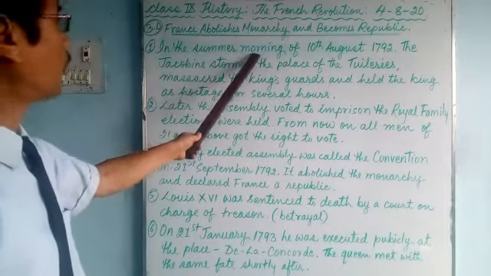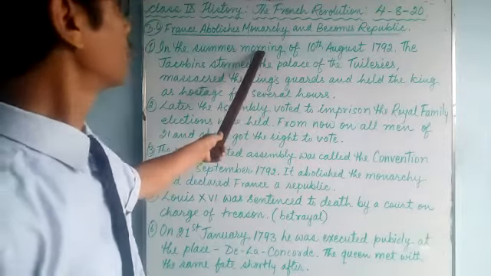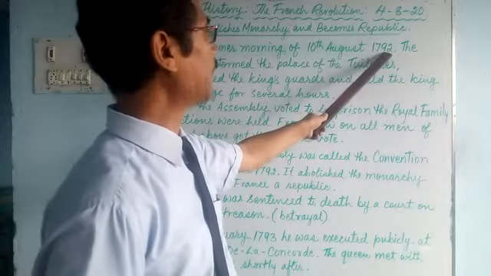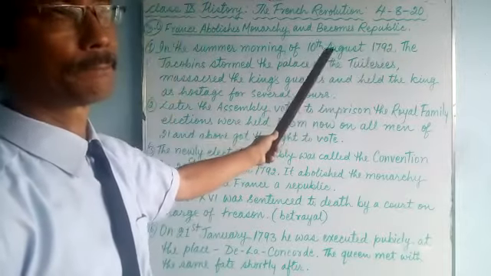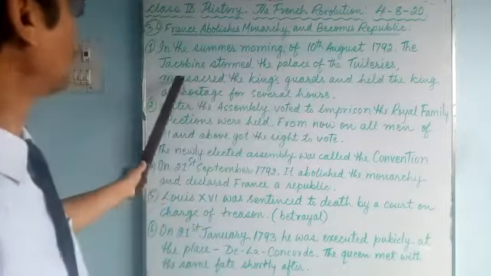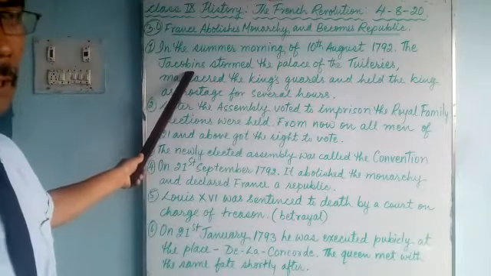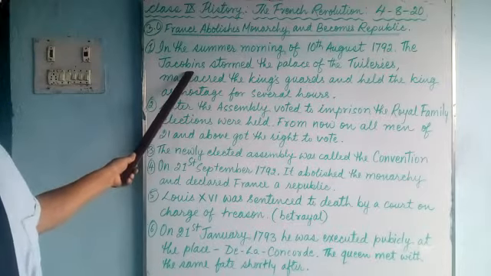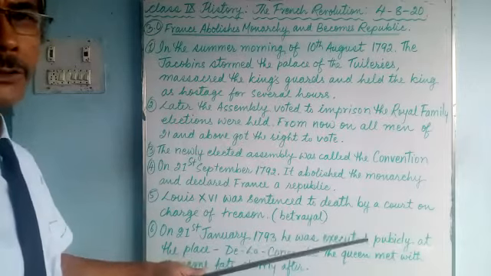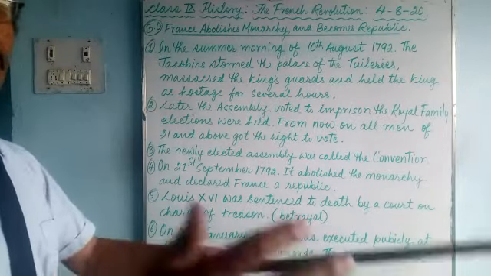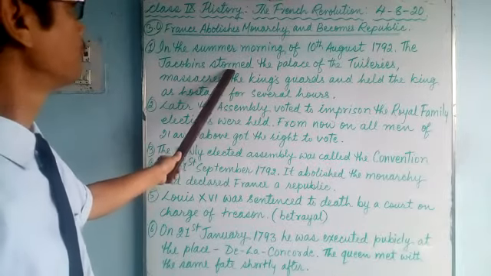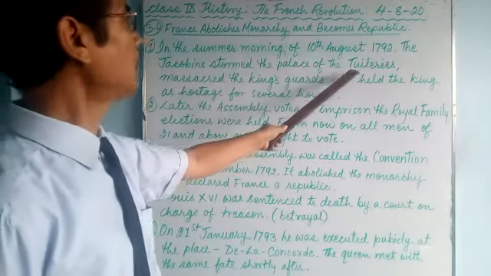On the summer morning of 10th August 1792, remember this date, what happened? The Jacobins. In our previous class, we talked about the Jacobin clubs that were formed in France, and not only in France, all over Europe. So the Jacobins stormed the palace of the Tuileries.